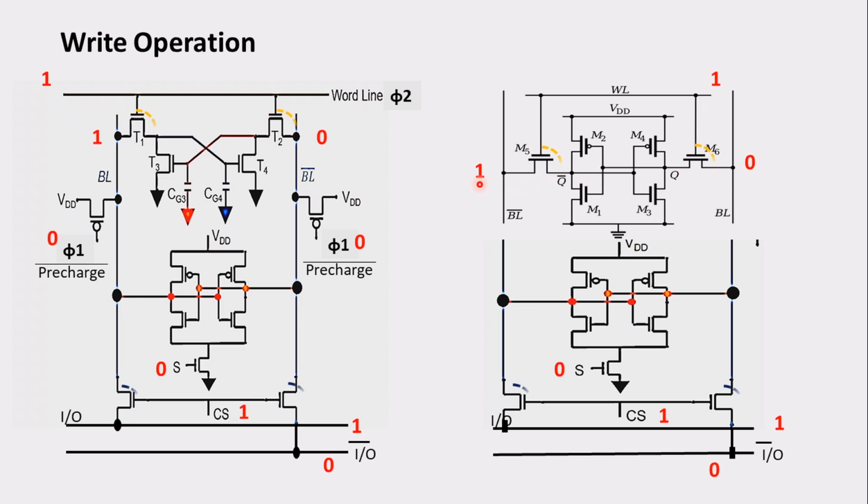Now let us look at this part, the 6 transistor part, and how it is actually going to work. If I apply 1 over here, the 1 is applied to this particular transistor stage. The output of this stage is going to be 0, so 0 is over here.